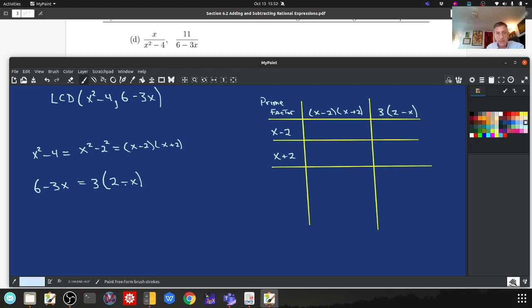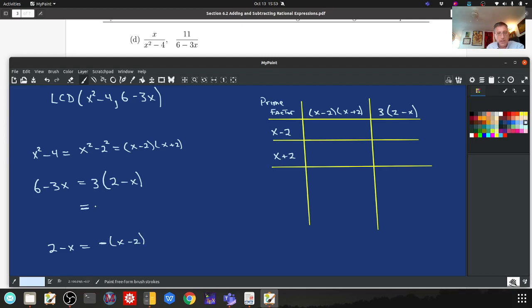But I get 2 minus x and 3. So 2 minus x, x minus 2. Notice this is a little bit of a trick here. I don't want to write another x minus 2 and a 2 minus x. That's going to be a mess. So I want to change and note that 2 minus x is the same thing as minus x minus 2.